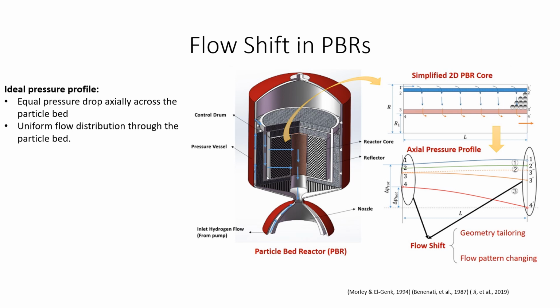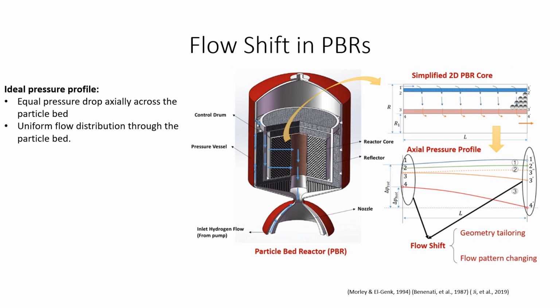This is due to the acceleration of the hydrogen as it heats up and increases in velocity. On the other side, on the cold side, the cold frit, there is a slight increase in pressure. This is due to the conversion of dynamic to static pressure.